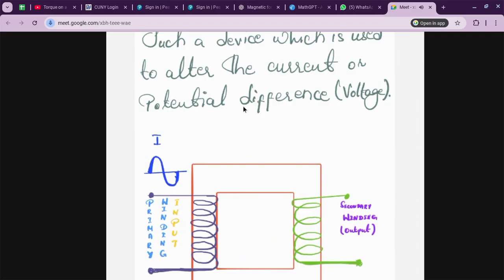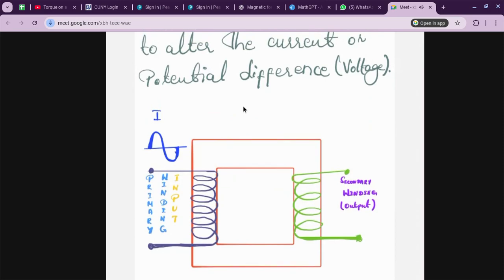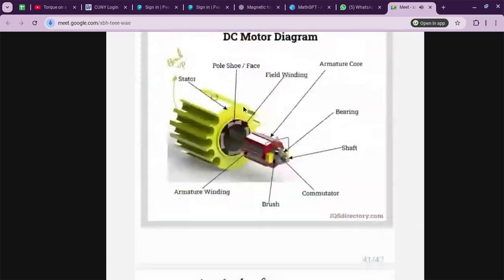What will happen? It's going to be a voltage.